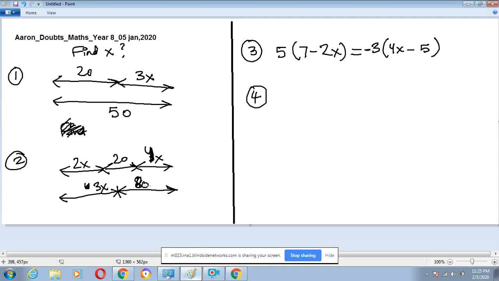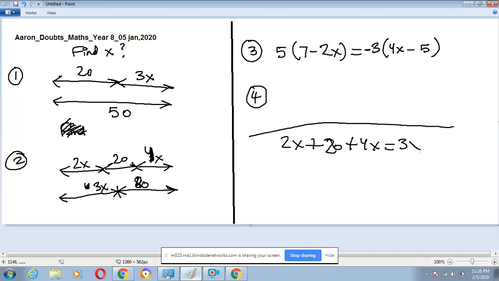No, not 60. First of all, what is the equation? It's 2x plus 20 plus 4x equal to 3x plus 80. Correct. No. Wait.